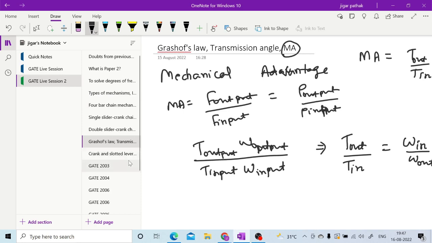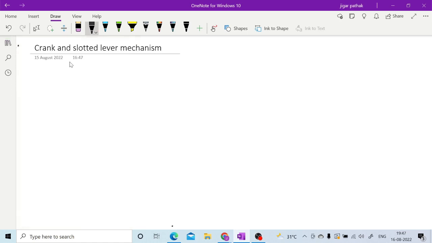Okay. So the next is the crank and slotted lever mechanism that we have seen. It is one of the inversions of the single slider crank chain mechanism.